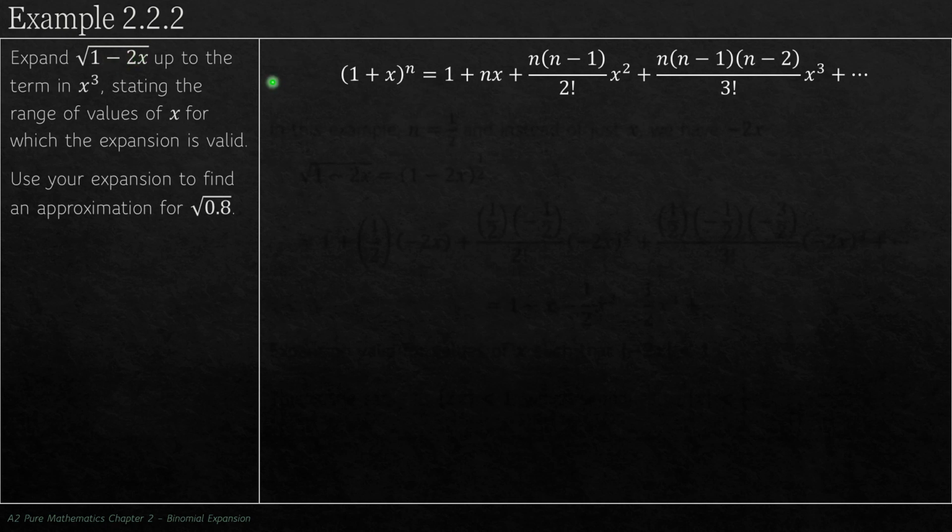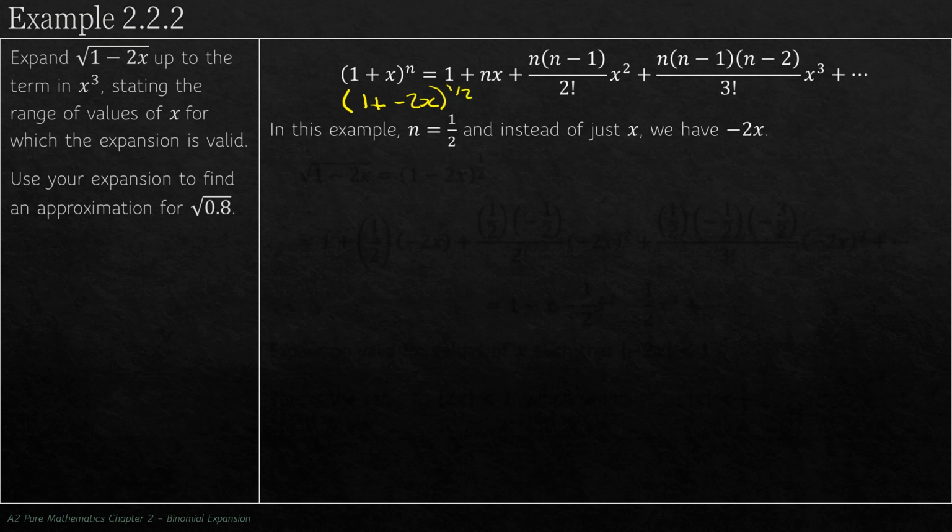One way to think about this is, if you look at this here, what I would do is write that down and just look at the comparison between it. So it looks like that when it is written down. So that gives me n is equal to a half, and then instead of x I have minus 2x, and you are going to use a bracket around that all the way through this expansion.